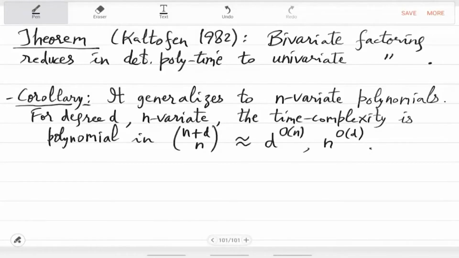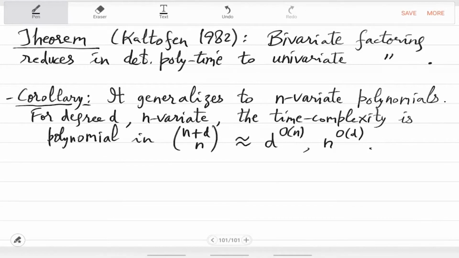High degree, high variate, this will not stop. This is very expensive, just because the representation is expensive. The number of monomials is so much that you need a huge amount of space and then proportionate amount of time. So you don't expect to improve by this method. You will need a very different representation.